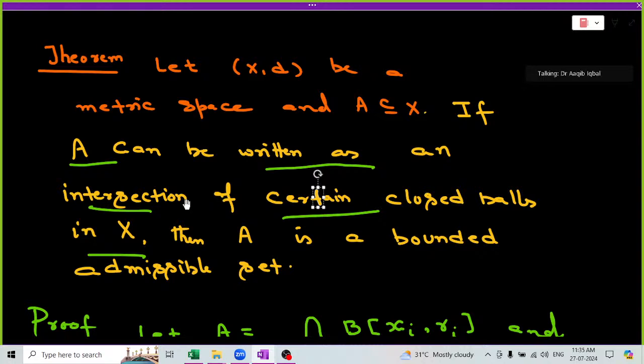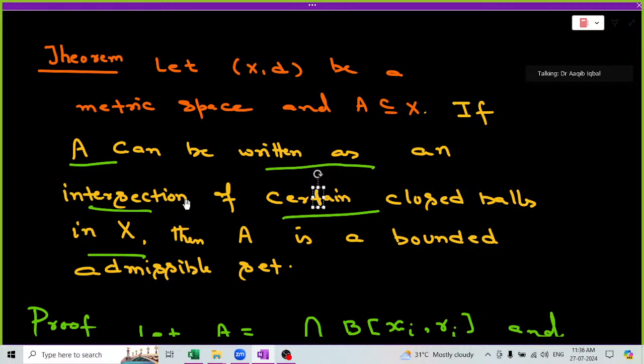So it's an if and only if theorem, which means you can treat this as an alternate admissibility definition. Because if A is bounded admissible, bounded means B sub A will be non-empty: the collection of all possible closed balls containing A will be non-empty. And admissibility means the intersection of all those balls will be A. So again you can write A as an intersection of certain closed balls. So obviously the converse is true.